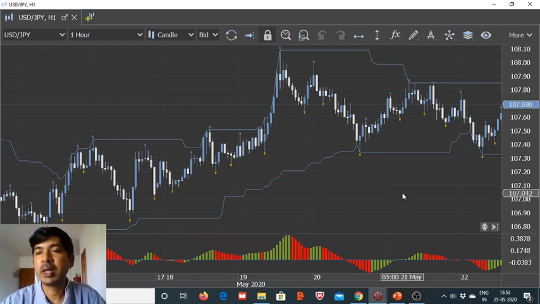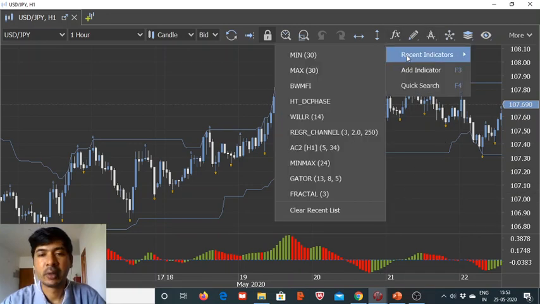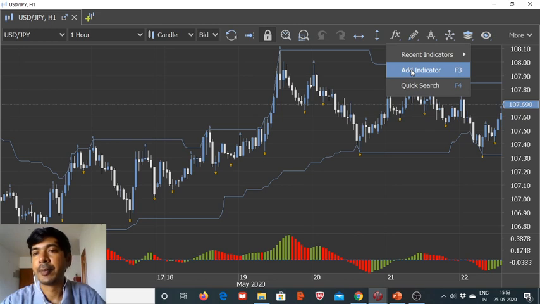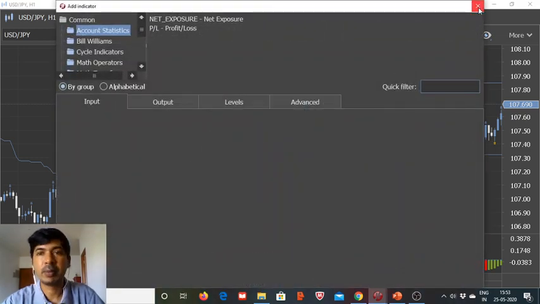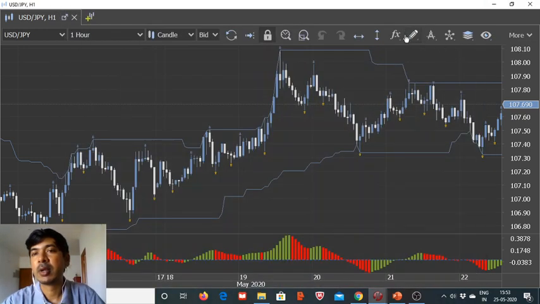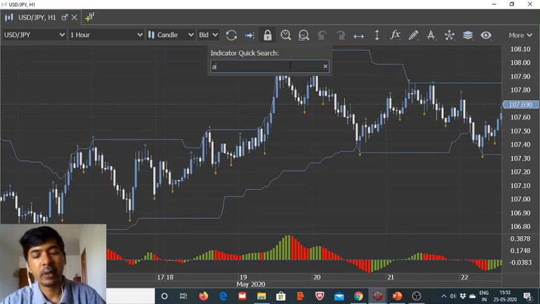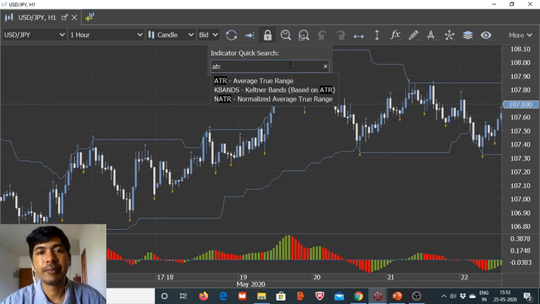Then we also bring in the ATR value for optimizing purposes. So let us add ATR. ATR we are actually utilizing on the daily time frame.